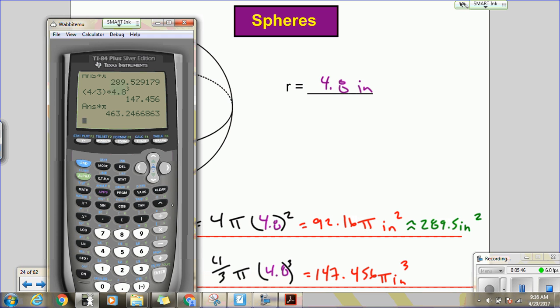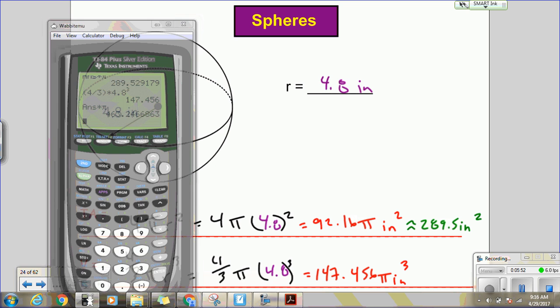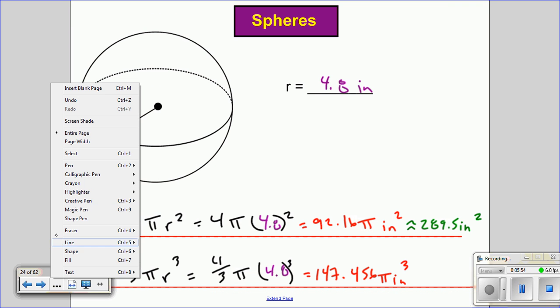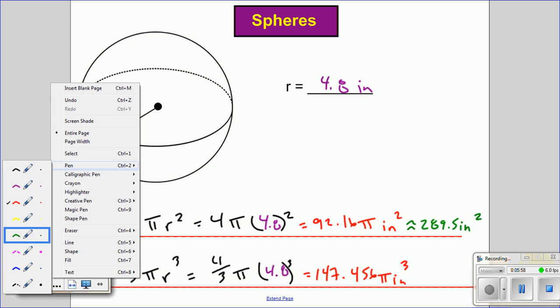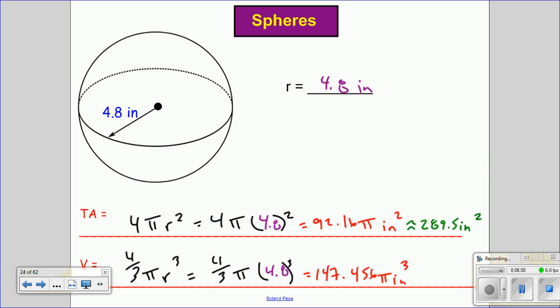And to the tenths place, it would be roughly 463.2 inches cubed.